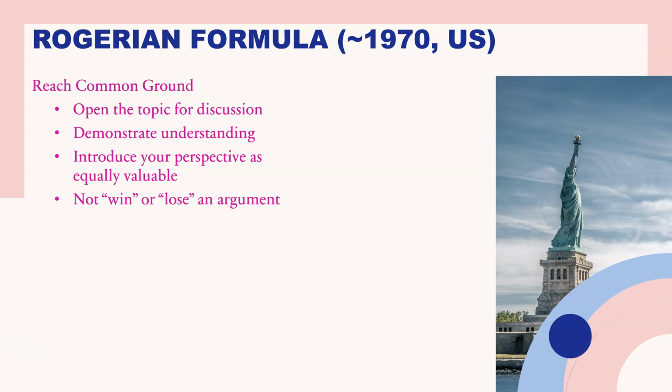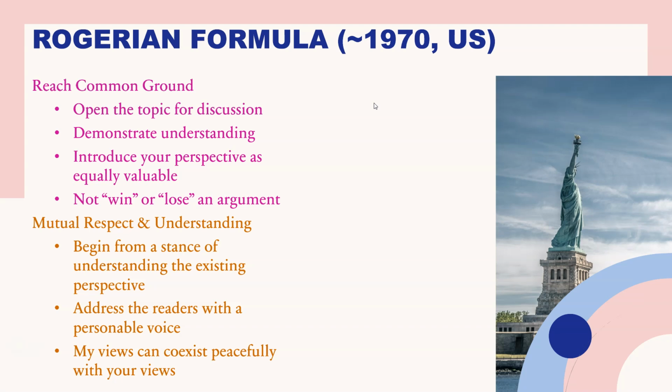We demonstrate that we understand the other person's perspective. And we hope to be understood by them as well. And the idea is when you're introducing your argument, you want to introduce it as equally valuable to what's already been said, rather than as a replacement or a rebuttal to ongoing arguments.